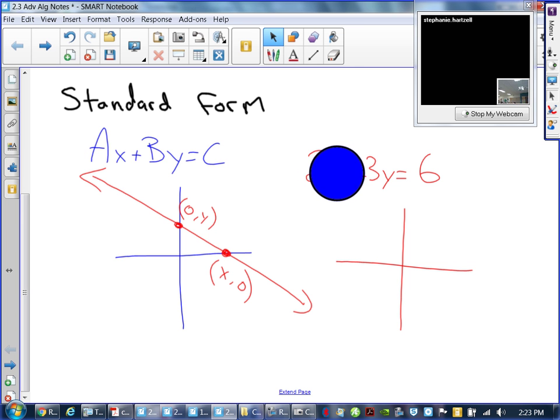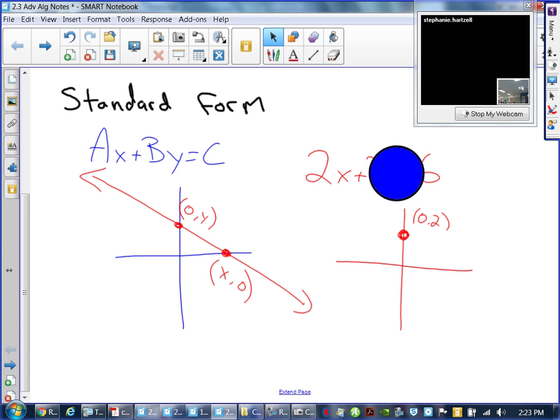If I cover up the x value, what's my y-intercept? 2. If I cover up my y value, what's my x-intercept? Oh, I'm sorry, this was a plus 3y.